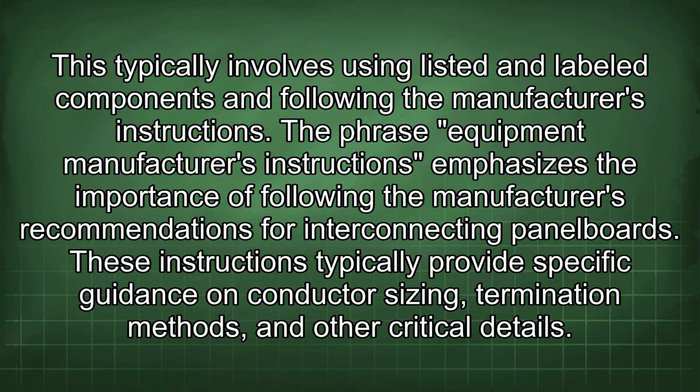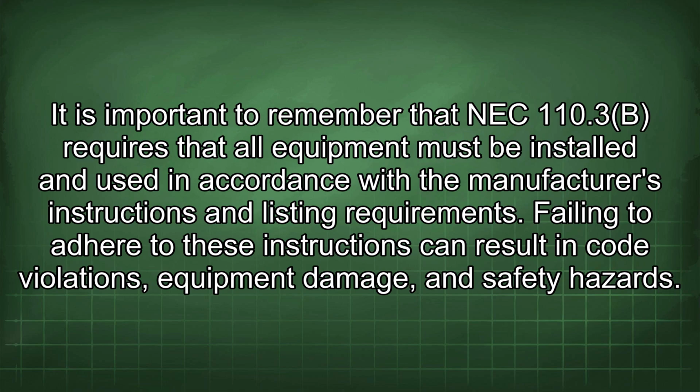These instructions typically provide specific guidance on conductor sizing, termination methods, and other critical details. It is important to remember that NEC 110.3(b) requires that all equipment must be installed and used in accordance with the manufacturer's instructions and listing requirements. Failing to adhere to these instructions can result in code violations, equipment damage, and safety hazards.